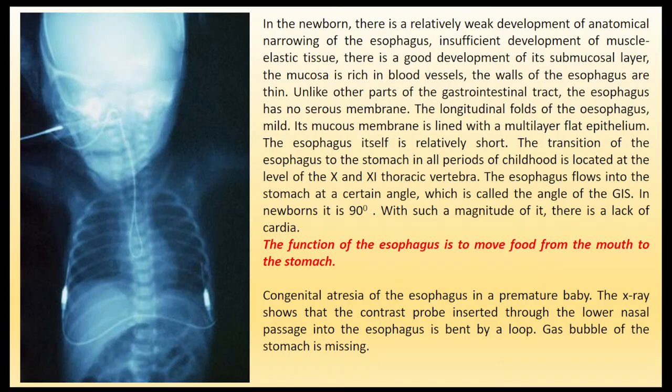The transition of the esophagus to the stomach in all periods of childhood is located at the level of the 11th thoracic vertebra. The esophagus flows into the stomach at a certain angle, called the angle of His. In the newborn, it is 90 degrees.